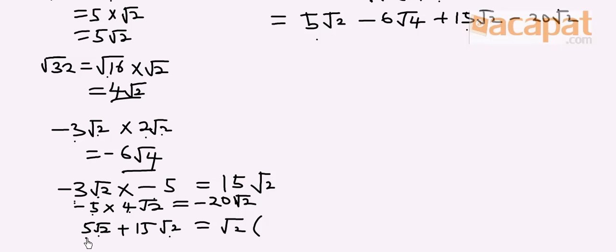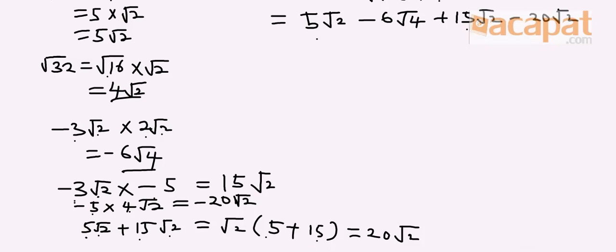So what I have left here is 5 plus 15 here. 5 plus 15 is 20, so that will be 20 root 2. So we have that 5 root 2 plus 15 root 2 will be equal to 20 root 2.